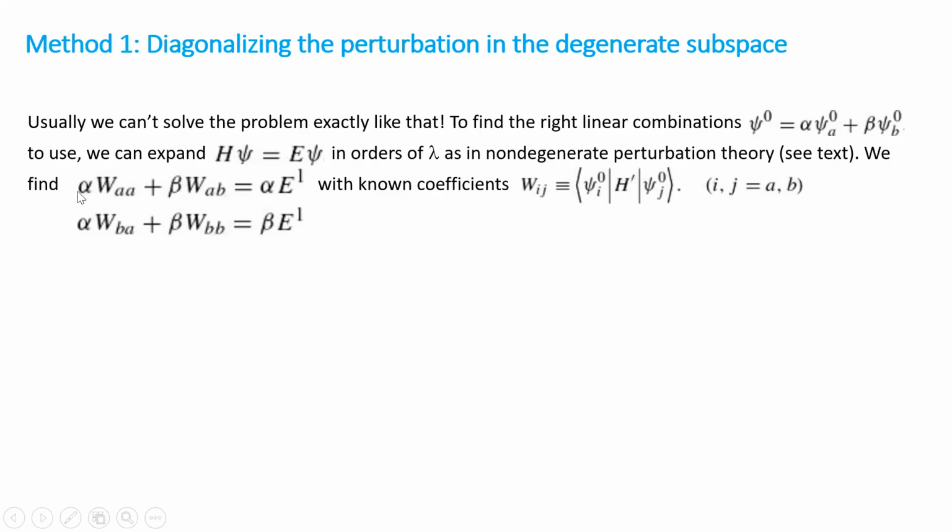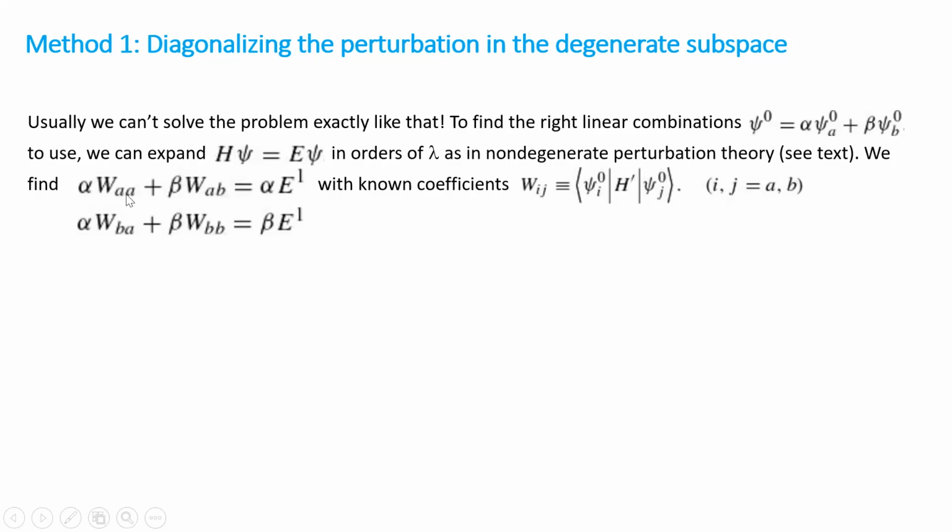The coefficient alpha that we're looking for, which is the coefficient of the first unperturbed state in the desired linear combination, plus beta, which is the coefficient of the second unperturbed state, times WAB is equal to alpha times E1, okay? Where E1 is the first order correction to the energy that we're looking for.